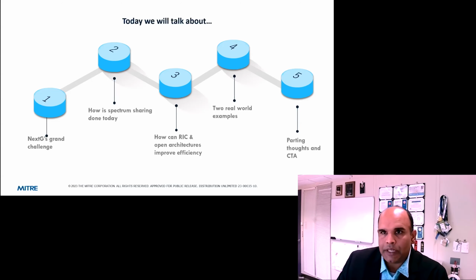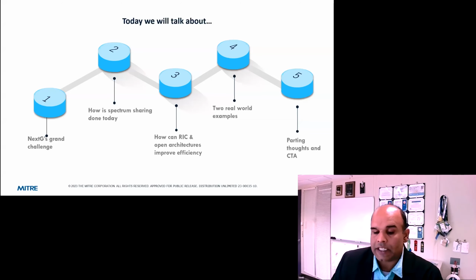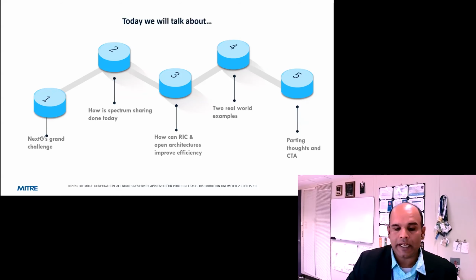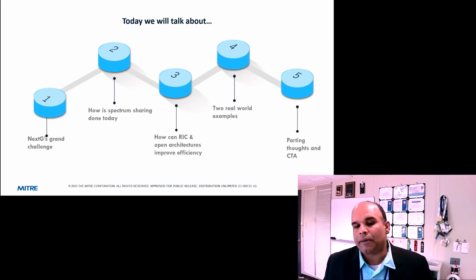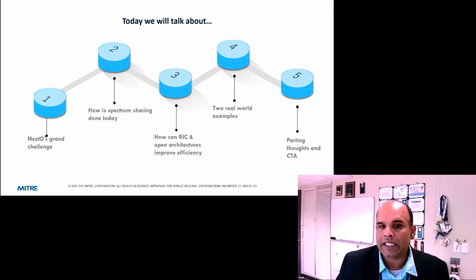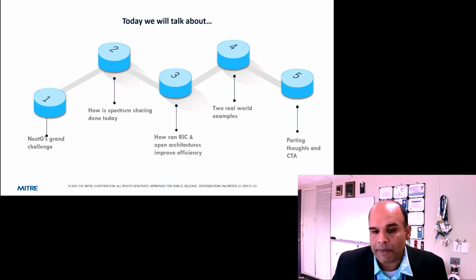The first example would take advantage of some of the existing interfaces and architecture that is already available in organizations such as the O-RAN Alliance. And the second one would point out some of the additional interfaces that would be required to achieve full performance benefits.